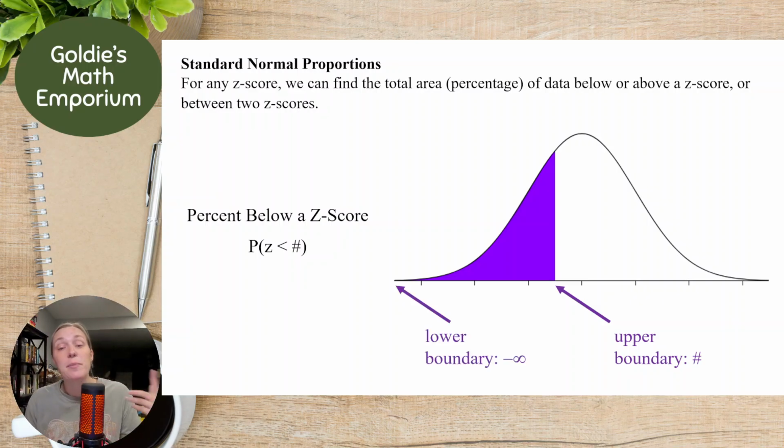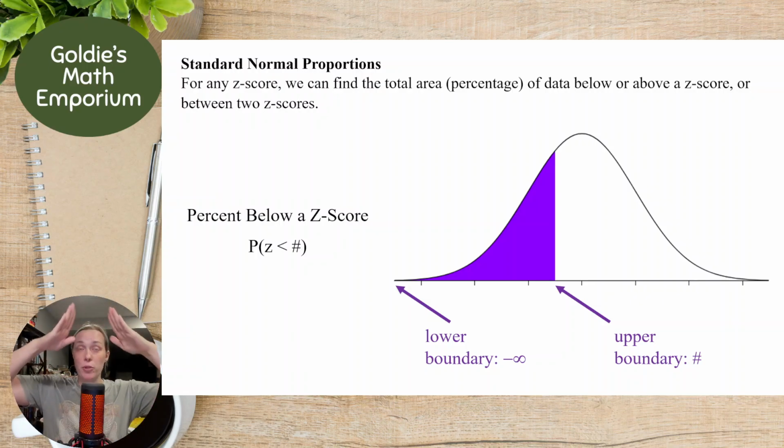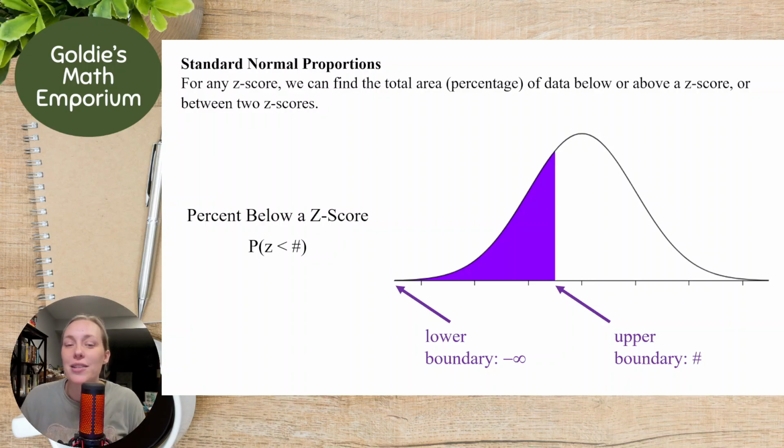On the other side, my lower boundary is what I would call negative infinity, because remember, our normal distribution, our density curves, they go out forever, okay? They go to the x-axis and they go out forever in a theoretical sense, right? So that lower boundary is going to be negative infinity, okay? So that's percent below. I'm just trying to give you a visual for this right now.